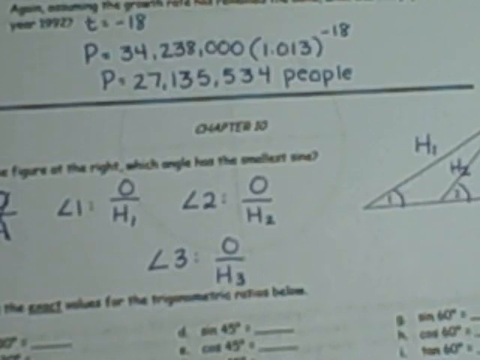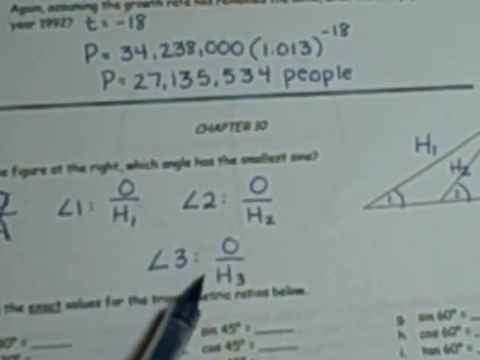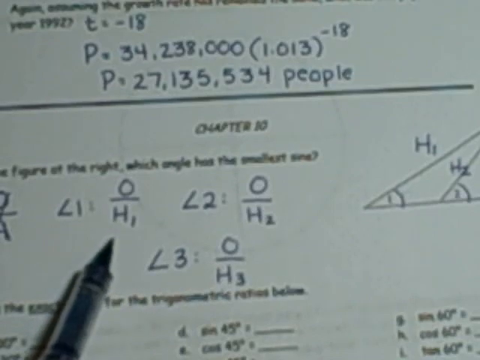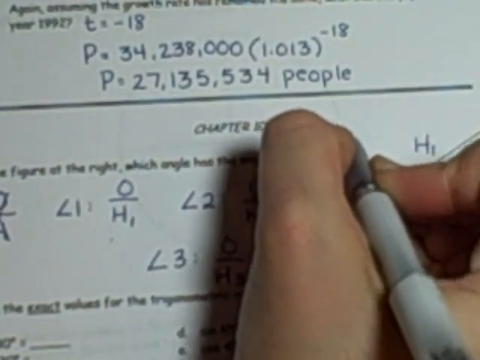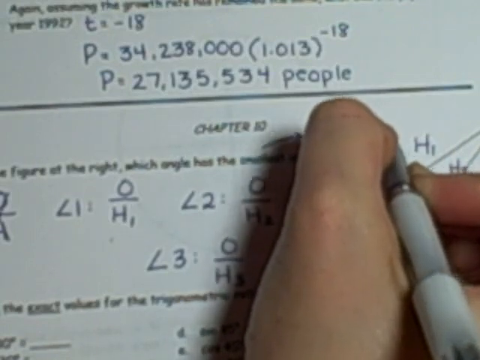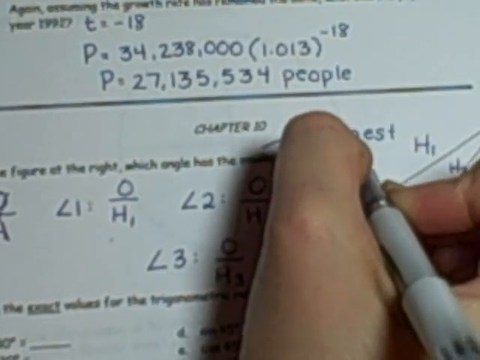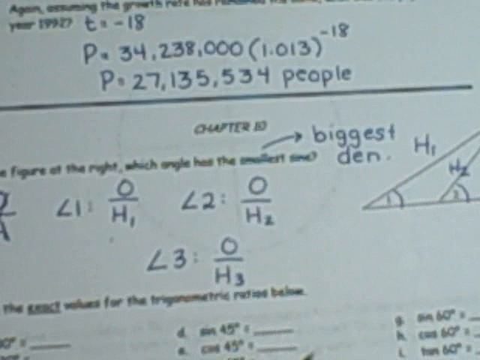So with fractions, as the denominator gets bigger, the fraction itself gets smaller. So when I want to look for the smallest one, I want to look for the biggest denominator. The smallest fraction is going to have the biggest denominator.